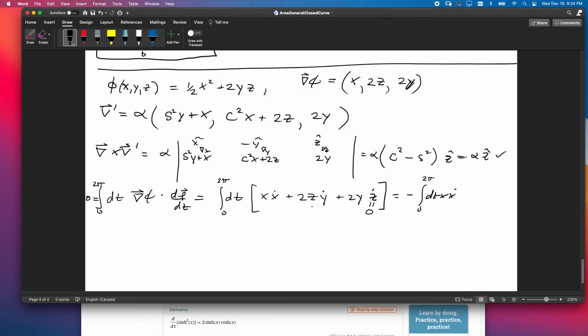This one, I get v u, and then a minus 2 integral of v du, which is just a y z dot. Okay, so this doesn't look promising, does it?